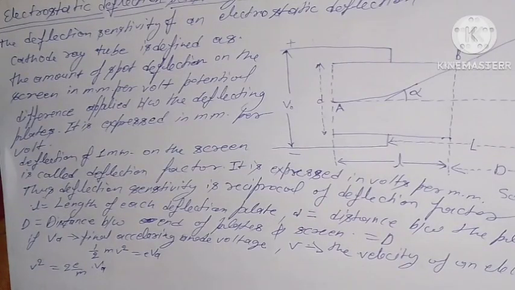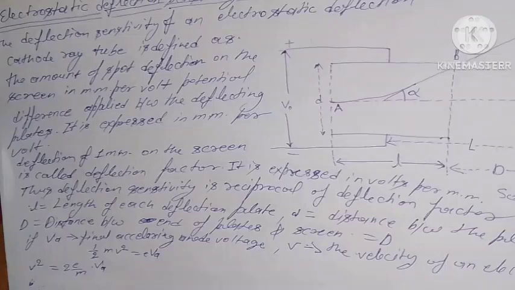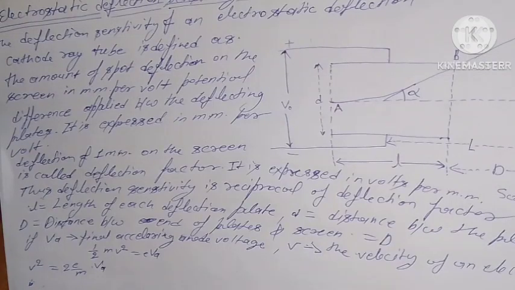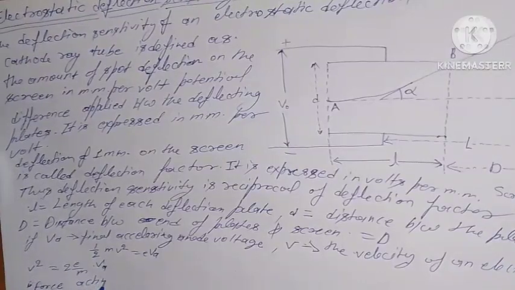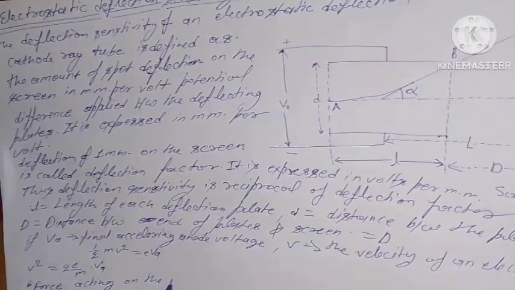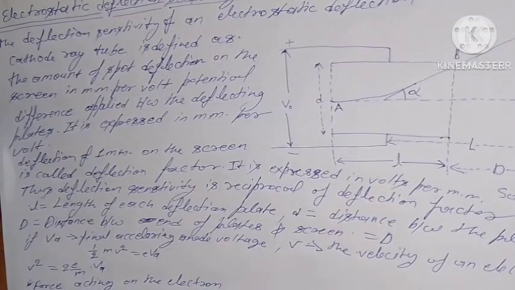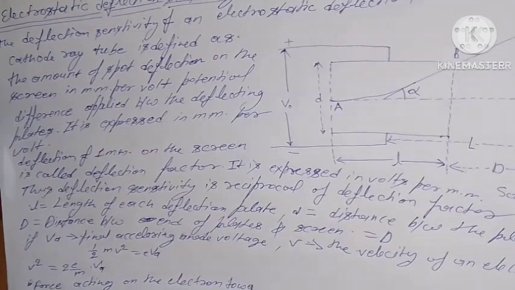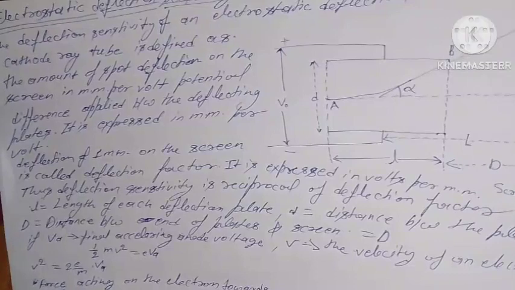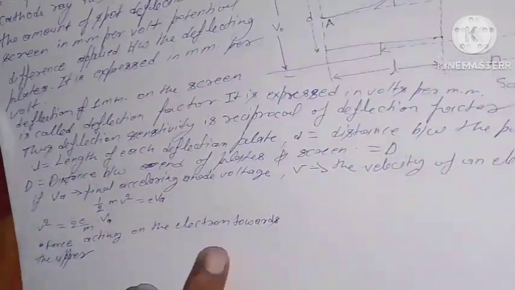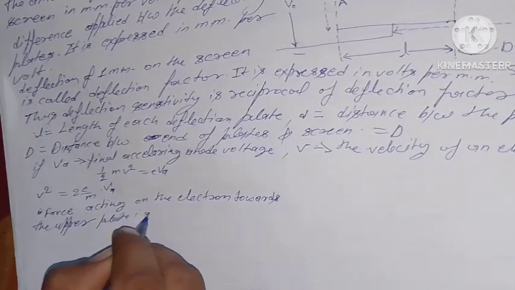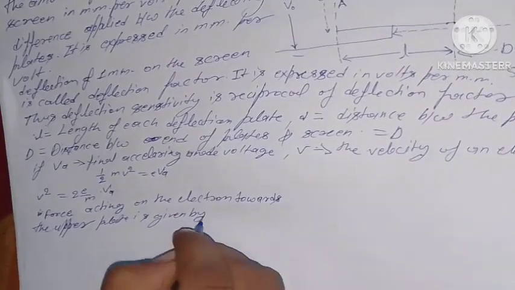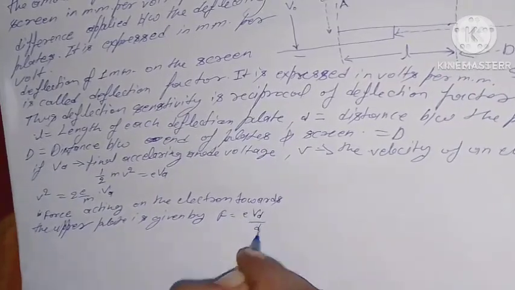If Vd is the voltage applied between the plates, then the force acting on the electron towards the upper plate is given by F equal to eVd by small d, okay.